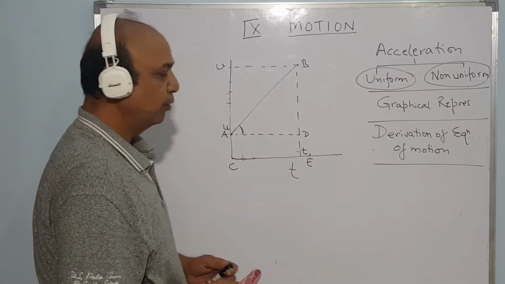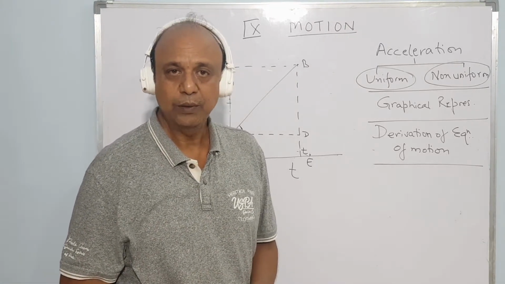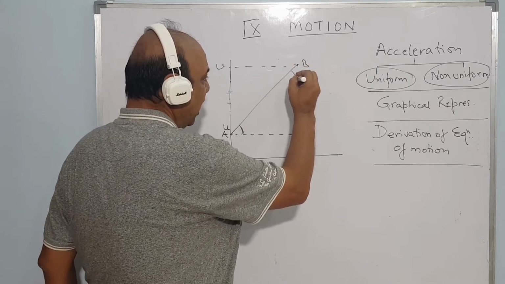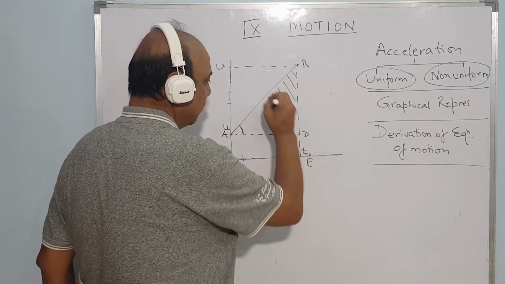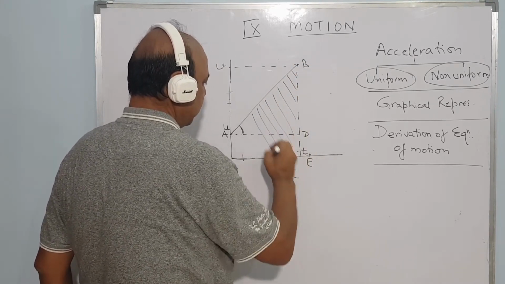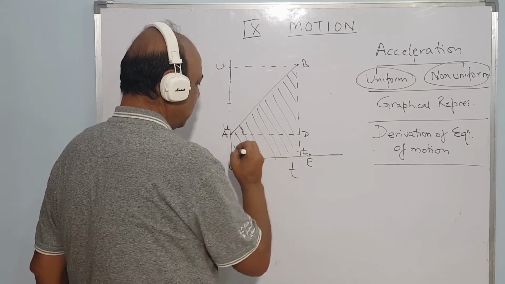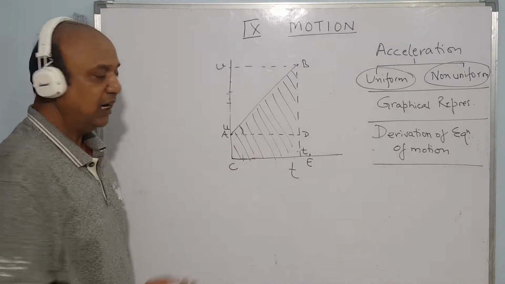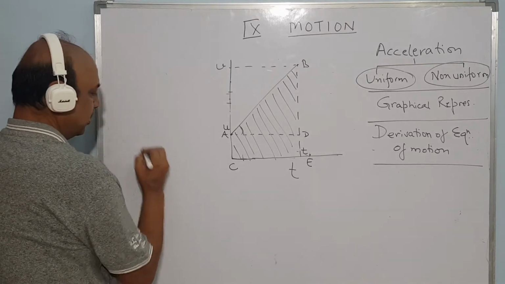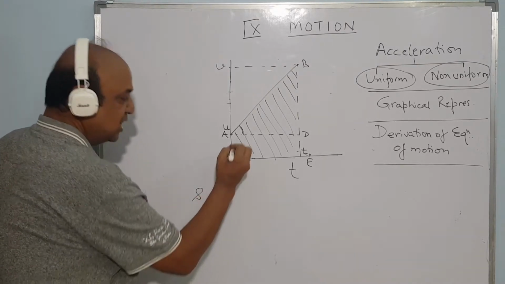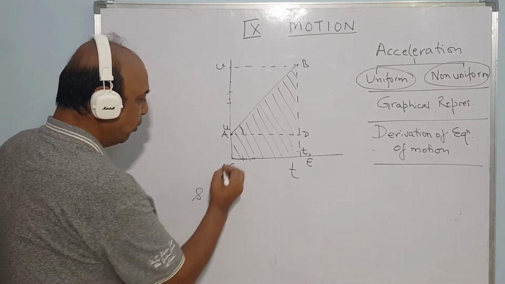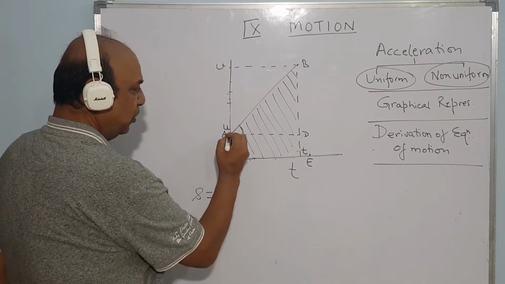Now, one thing is the slope, the other is the area under the line segment AB. This area indicates the distance covered. S is this area. Now let us see what the area is. There are two figures.